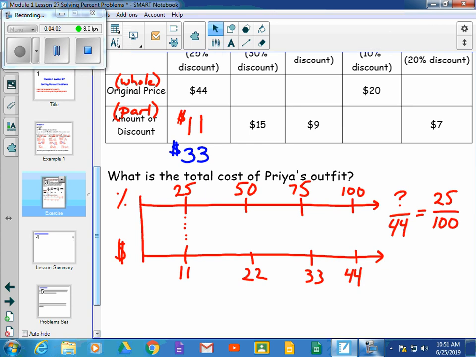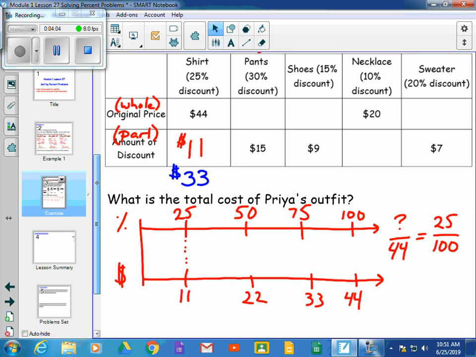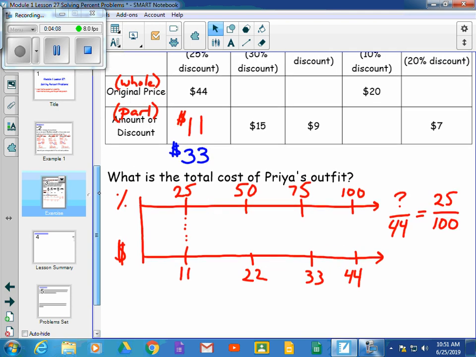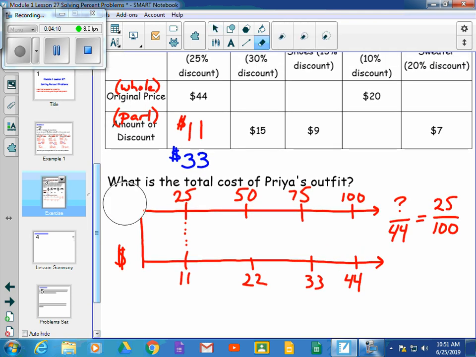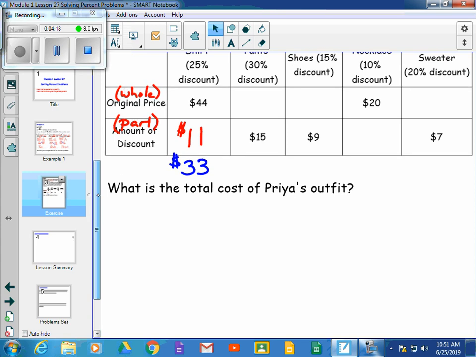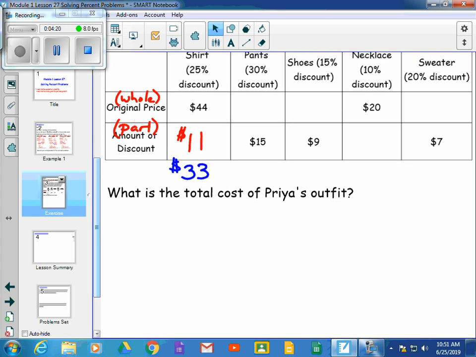Now let's find the pair of pants. We'll do that one together, and then I'm going to have you guys finish that. The pants, I'm going to erase this. You should have it written down. The pants, we got to find the original price of it. We know that this discount is $15. That's what she saved. Now I'm going to draw a double number line again.